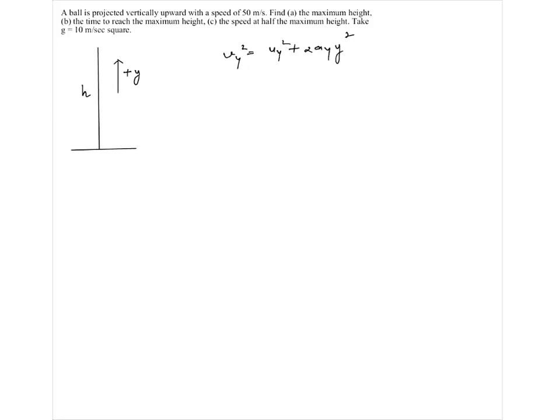So distance is 125 meters. Let me check. If upward direction is positive, then ay is minus g.